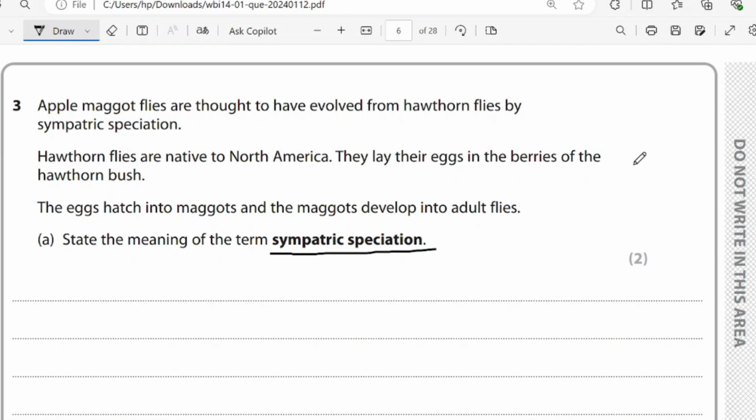So for sympatric speciation, a new species is evolving from one that was already present, and there are no physical barriers.